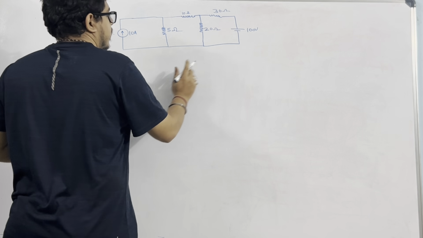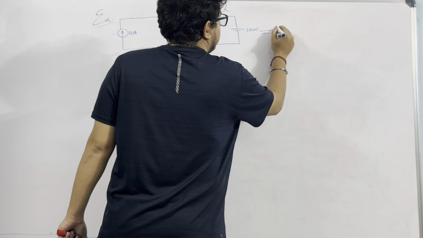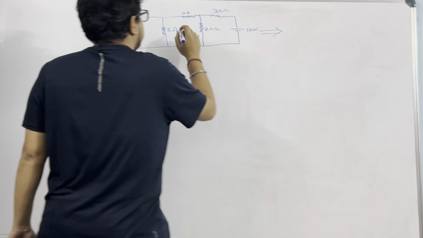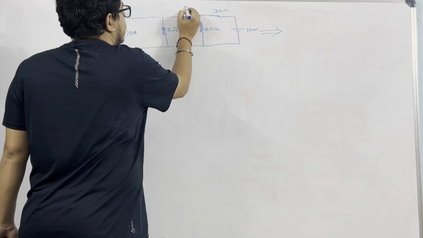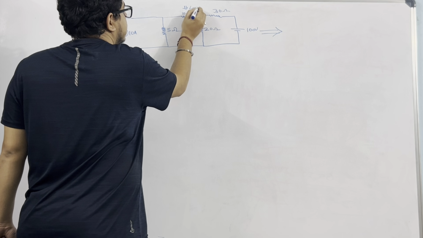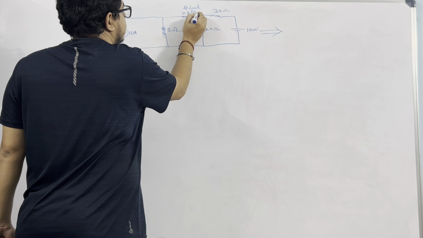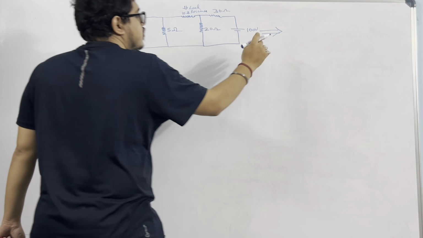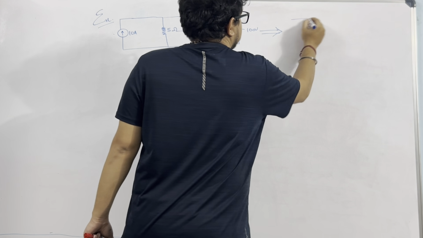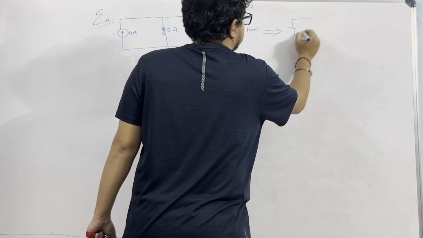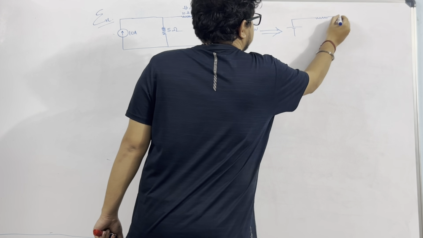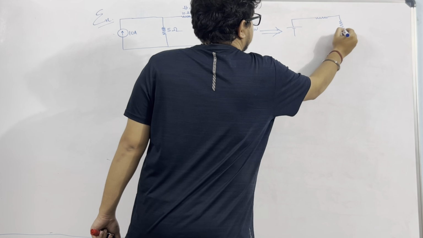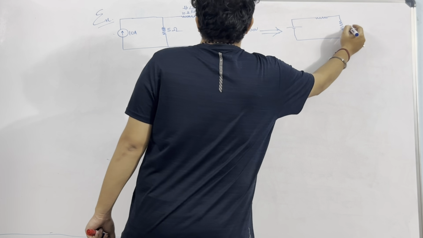So here also we have to reduce the circuit into a Thevenin equivalent circuit. This is our load, the load resistance. Okay, so this is 10 ohm.